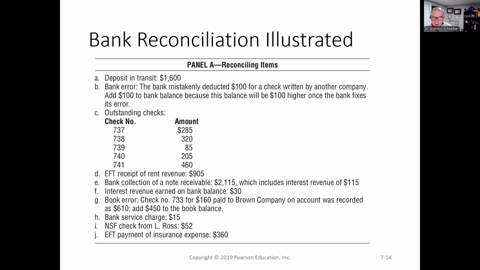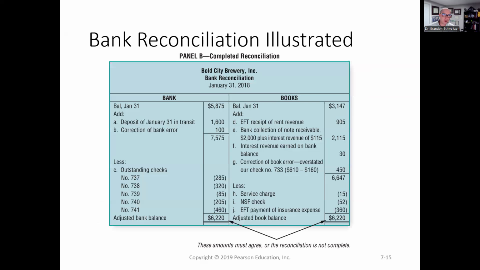We have a bank service charge, a non-sufficient funds check fee from a customer that paid us and it bounced back. And we have an electronic funds transfer payment for insurance. So these transactions all need to be reconciled with our bank statement.